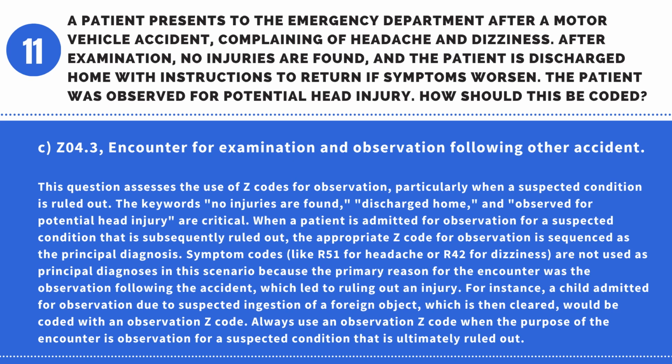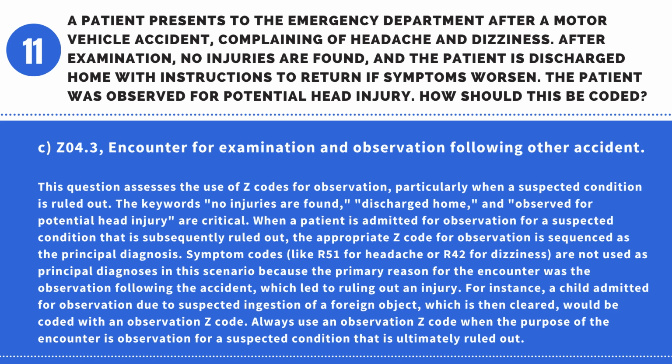Z04.3 Encounter for examination and observation following other accident. This question assesses the use of Z codes for observation, particularly when a suspected condition is ruled out. The keywords no injuries are found, discharged home, and observed for potential head injury are crucial. When a patient is admitted for observation for a suspected condition that is subsequently ruled out, the appropriate Z code for observation is sequenced as the principal diagnosis.